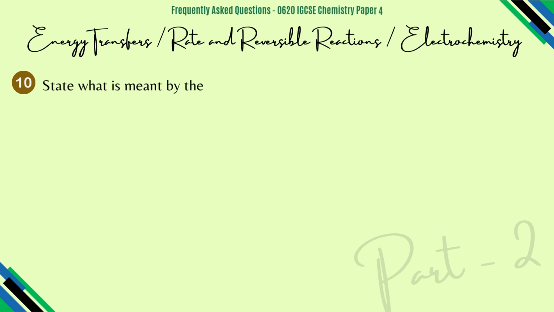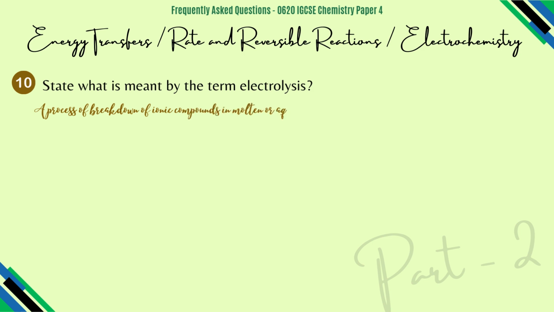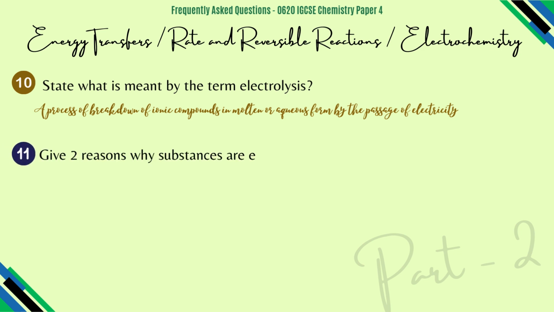Question number 10, state what is meant by the term electrolysis. Electrolysis is a process of breakdown of ionic compounds in molten or aqueous form by the passage of electricity. Question number 11. Give 2 reasons why substances are electroplated.